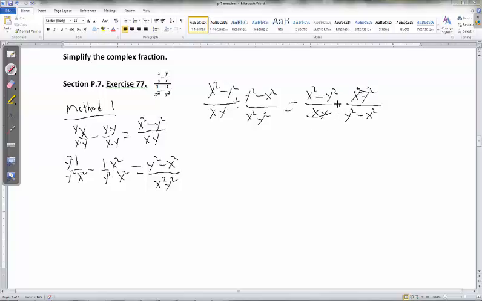Then, if you'll notice, x squared minus y squared and y squared minus x squared are the same factor but with opposite signs. So I factor out a -1 from this one down here, get x squared minus y squared. Then I can reduce that away and I just end up with xy over -1 or negative xy.